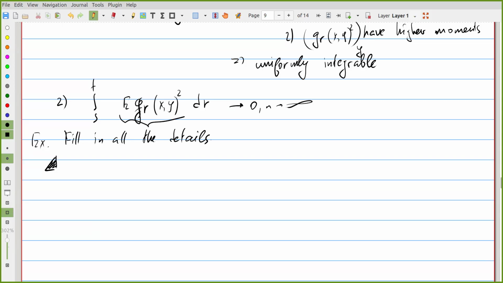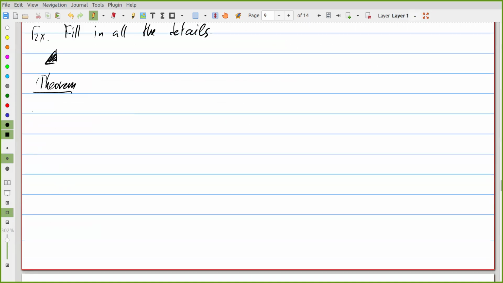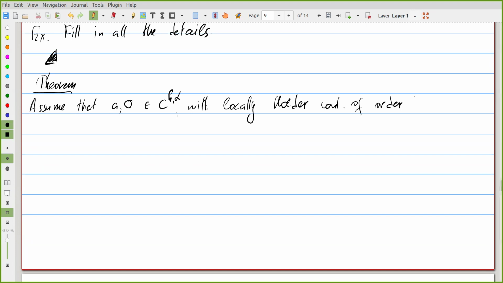Now, obviously, one can then iterate the whole procedure of reasoning to obtain the theorem that deals with higher derivatives. Assume that A and σ are k times differentiable with locally Hölder continuous derivatives of order α and bounded derivatives.